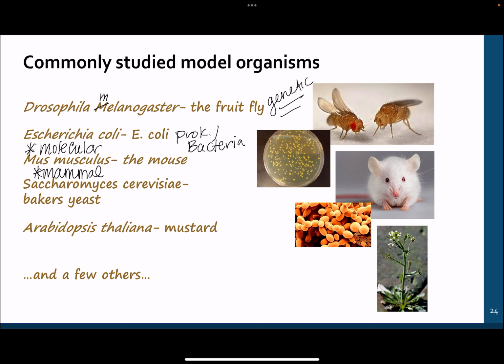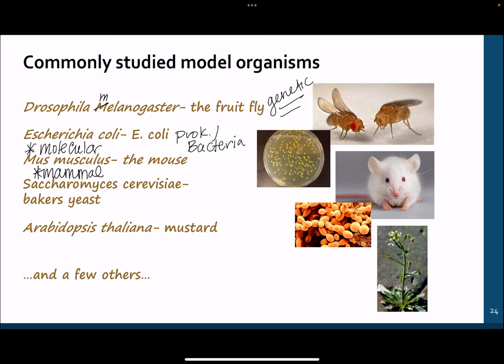Saccharomyces cerevisiae, that's baker's yeast. This is a eukaryote. So not as complex as a mammal. It's a single-celled eukaryote, but that makes it really easy to work with. There is a model organism for our plants as well. That's Arabidopsis thaliana. It's a very tiny little plant.